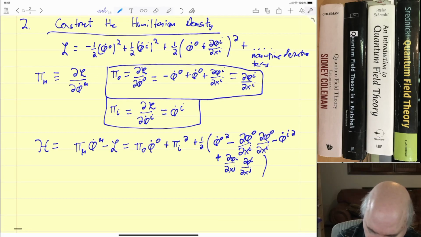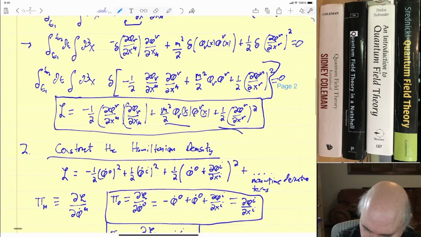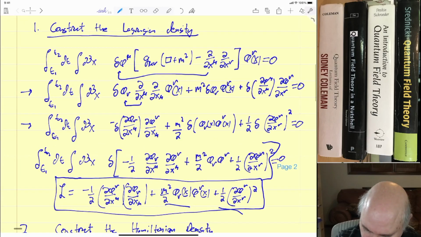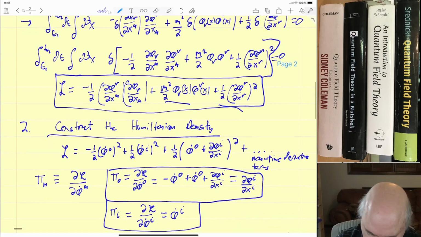So I have minus m squared over 2 phi 0 squared plus m squared over 2 phi I squared, and then I have one more term. I've left out this term over here, minus L, so I have to subtract that term.